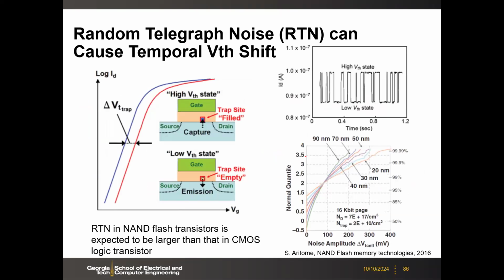And on top of that, we may have this RTN noise. We talked about the RTN, random telegraph noise, when we talked about the SRAM logic transistor. But in the flash transistor, this may also happen, right? Some of those electrons may be temporarily trapped at an interfacial trap and then released back. So your threshold voltage may have a temporal shift. And as you scale, you may have a dominant trap, and then your RTN will become even more significant.